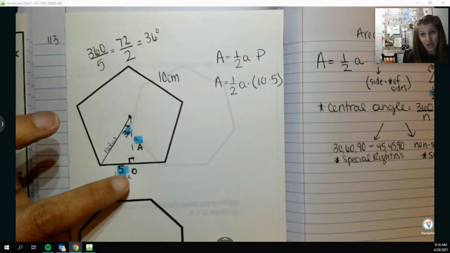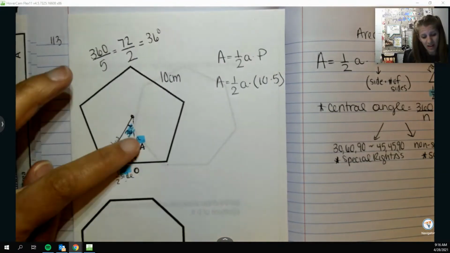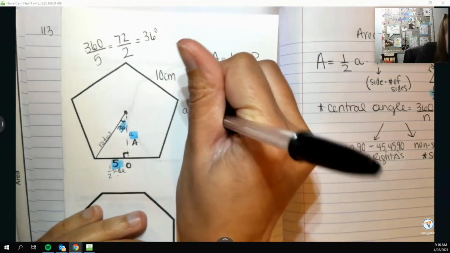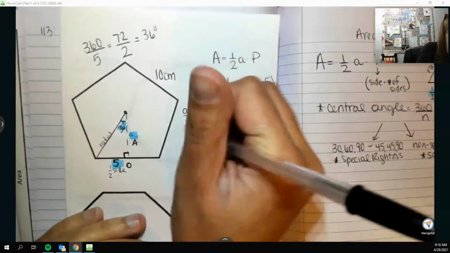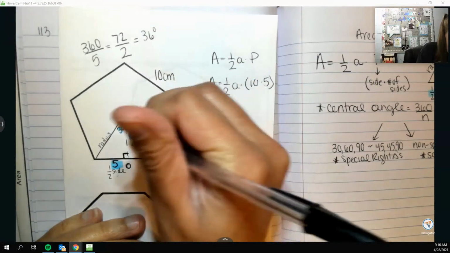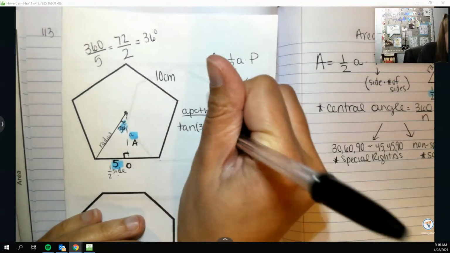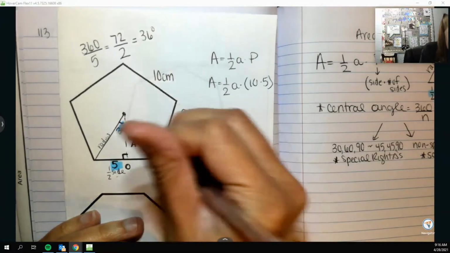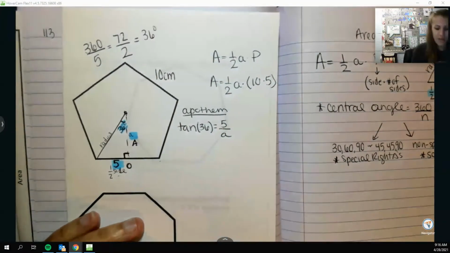And if I think about SOHCAHTOA, I'm going to use tangent. So to find my apothem here, I'm going to do tangent of my angle equals the opposite side over the apothem, which I do not know.